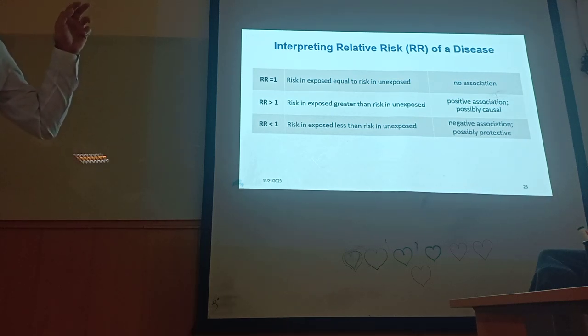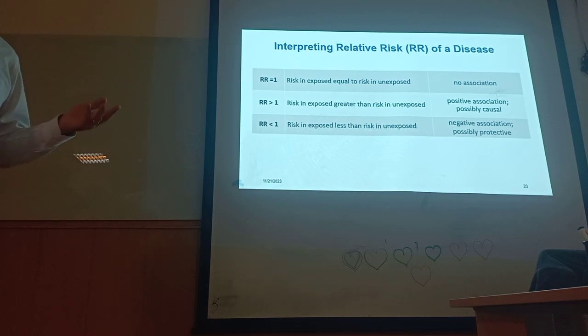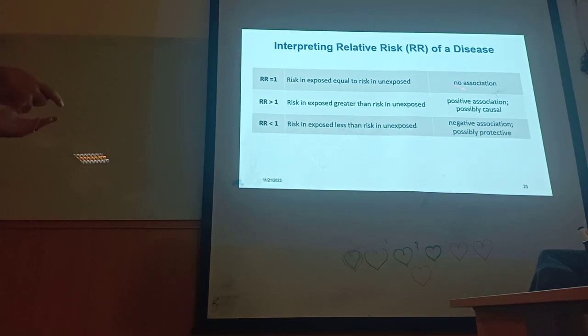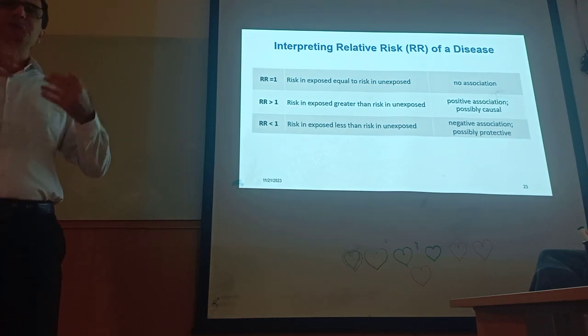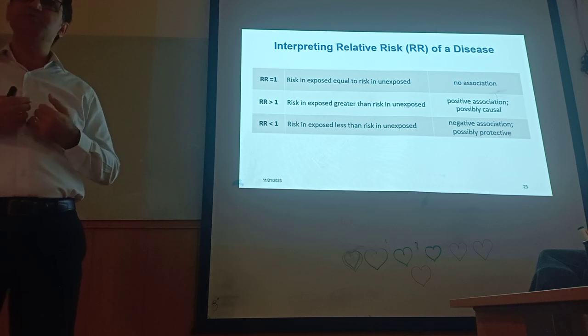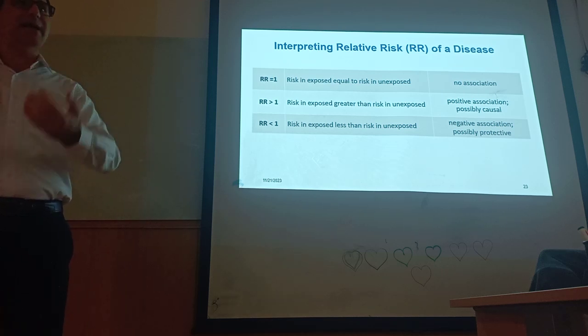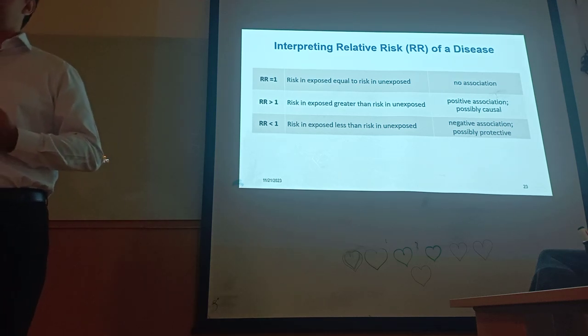So relative risk of 1 is neutral. If it is higher than 1, it means the risk in the exposed group is greater than in the unexposed group, so there is a positive association, possibly causal, between the exposure or risk factor and the outcome or the disease.